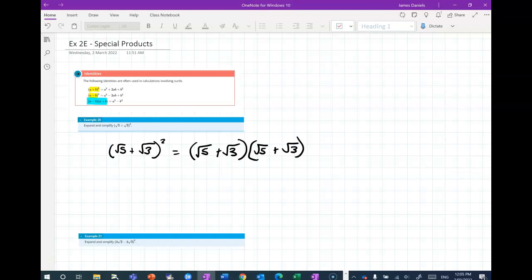So the squared up here is telling us it's times by itself. You may have noticed now that this looks very similar to when we did binomial expansion.